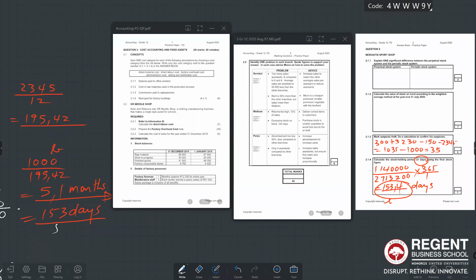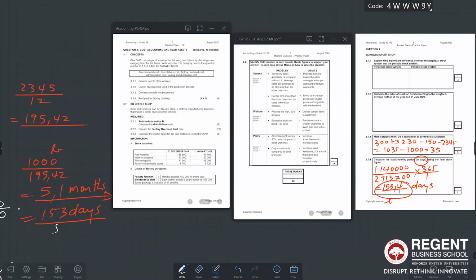You've got your direct material plus your direct labor, which gives you prime cost, also known as direct cost. Direct material plus direct labor. Both those, that is direct material and direct labor, are variable costs. They vary with production. Then you have factory overhead, and factory overhead is a fixed cost.